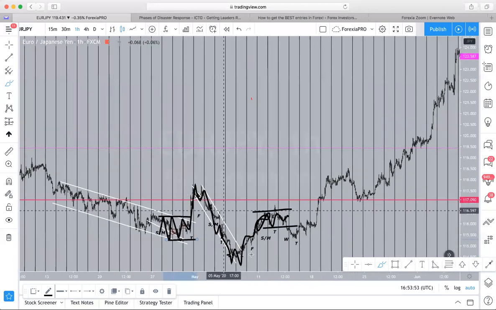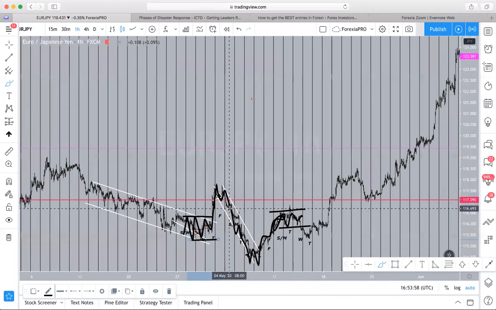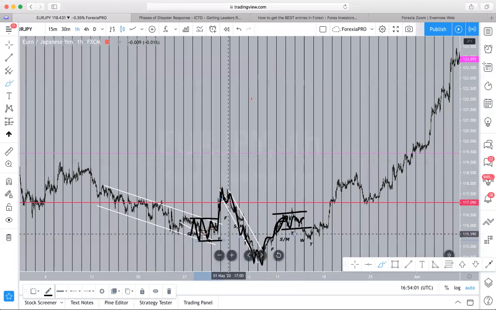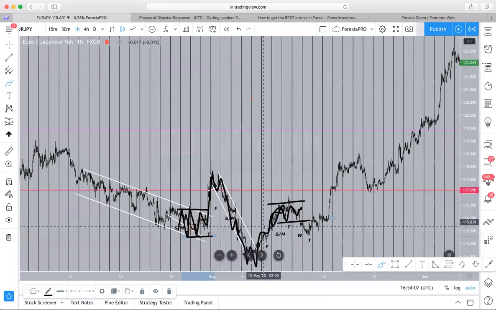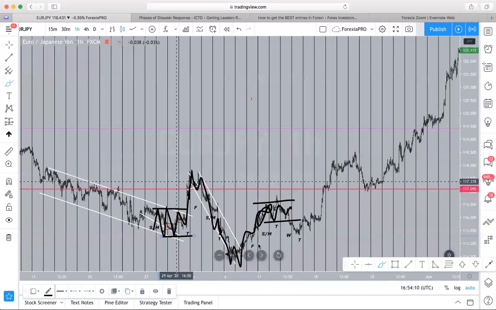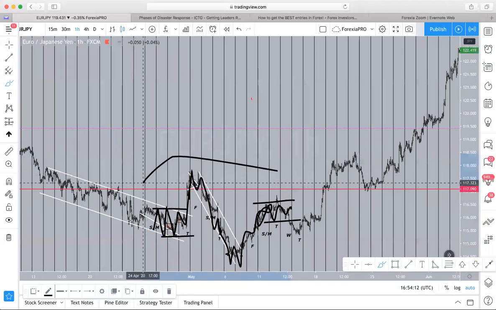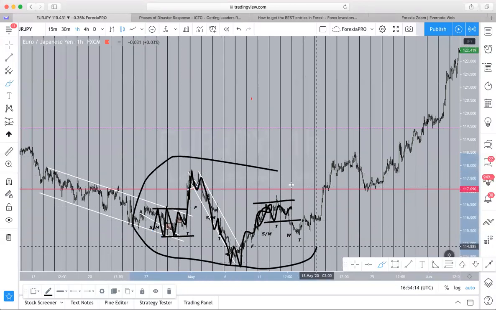This same structure that we just seen here on Euro JPY 1 hour time frame, looking at the macro, you know, this was 3 weeks, 2.5 to 3 weeks here. What is this? Can somebody tell me what this is, what this structure is, and where we see it? Not just here, not just in macro.